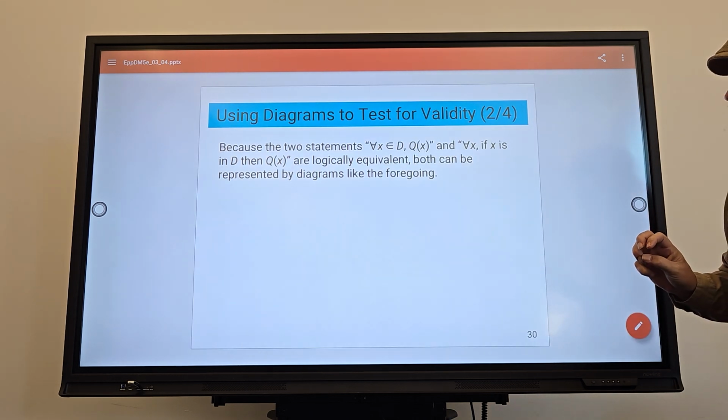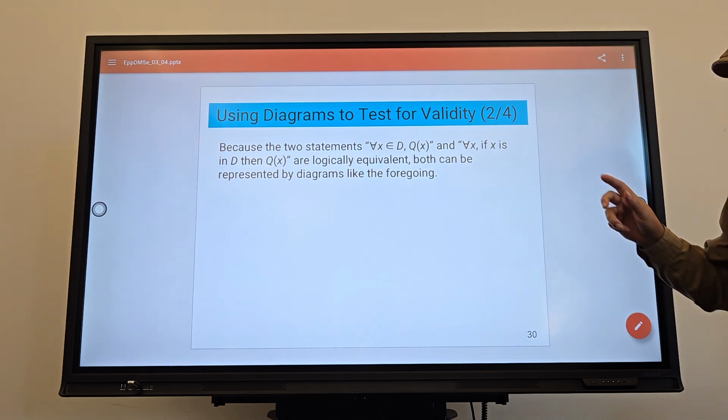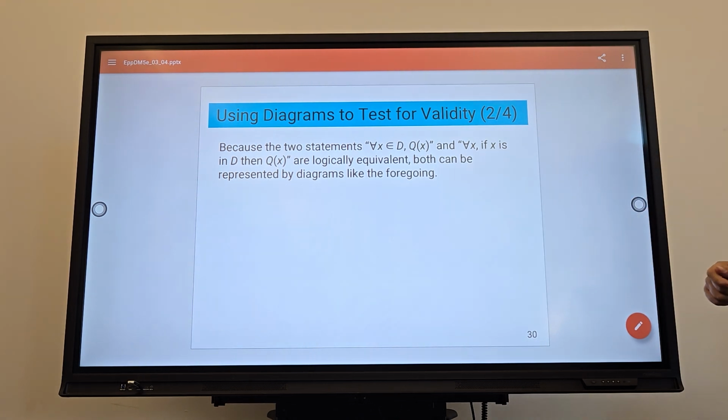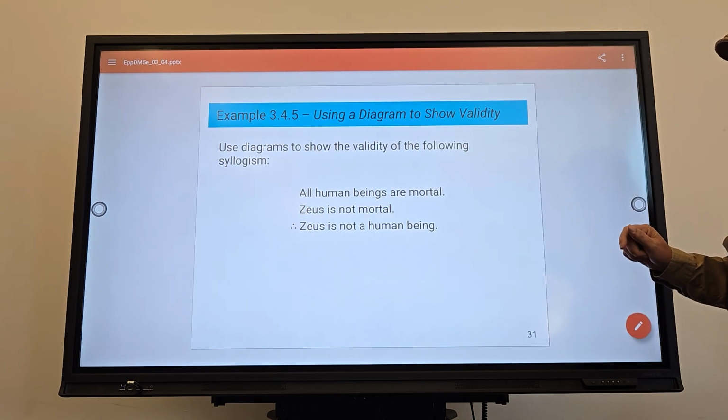Because the two statements, for all x in D, Q of x, and for all x, if x is in D, then Q of x, are logically equivalent. Both can be represented by diagrams like the foregoing, like what was on the previous slide.